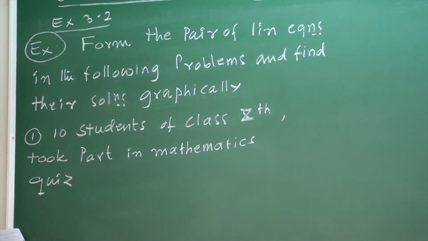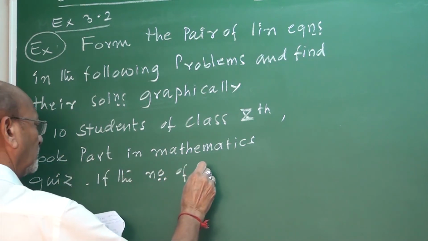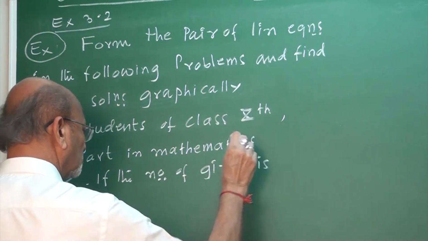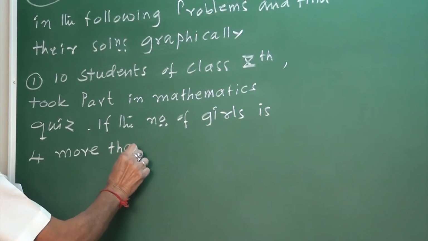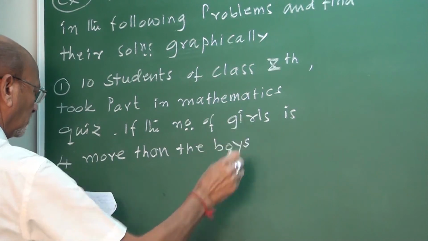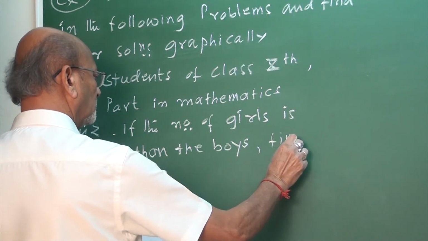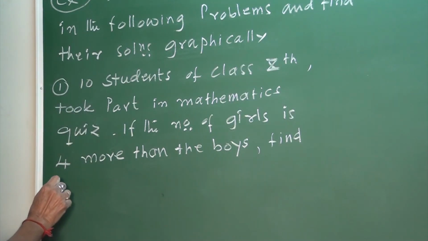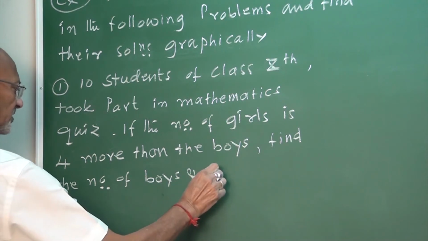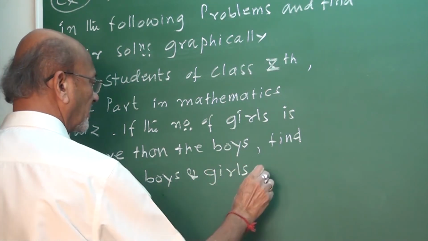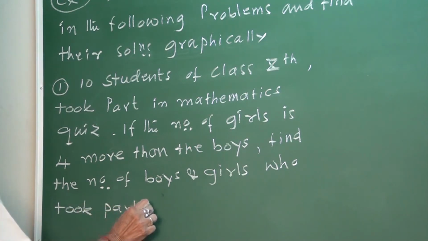If the number of girls is 4 more than the boys, find the number of boys and girls who took part in the quiz.